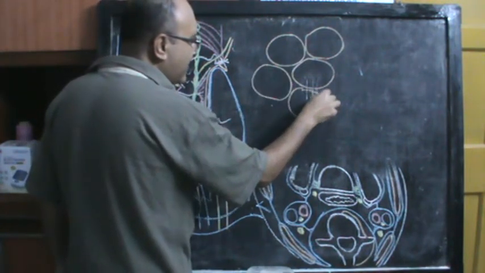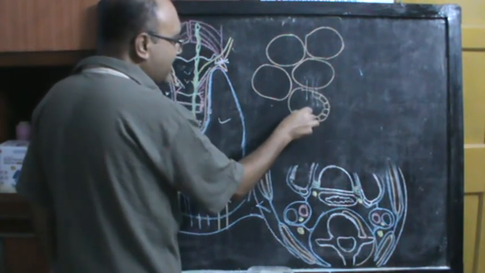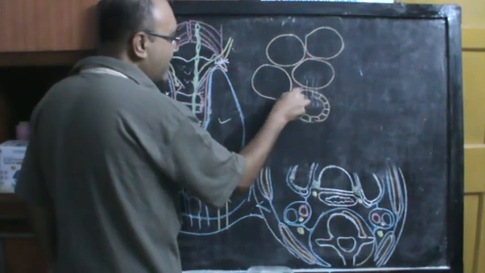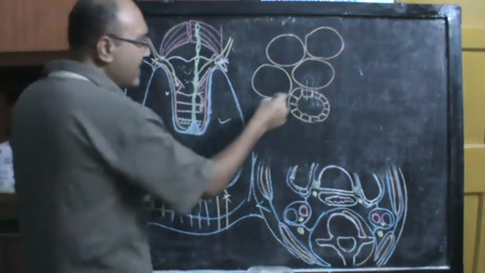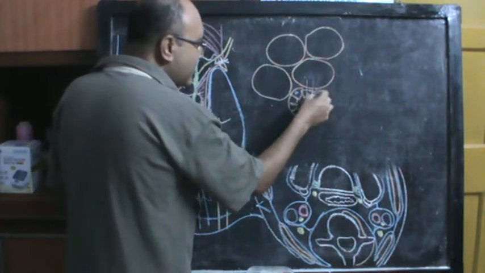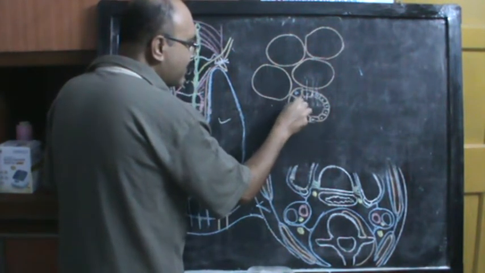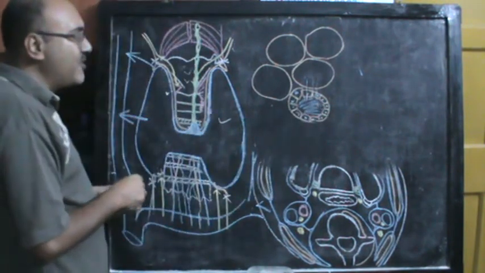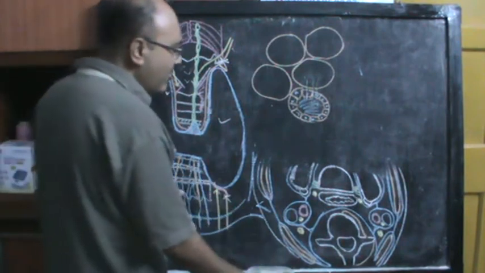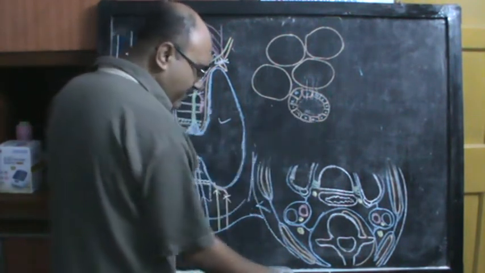All of these follicles are lined by cubical cells, which become columnar when active and remain cubical when quiescent. Within the lumen of these follicles you have the colloid, consisting of thyroglobulin. This colloid is not blue in fact, but in staining it takes a light pink color.